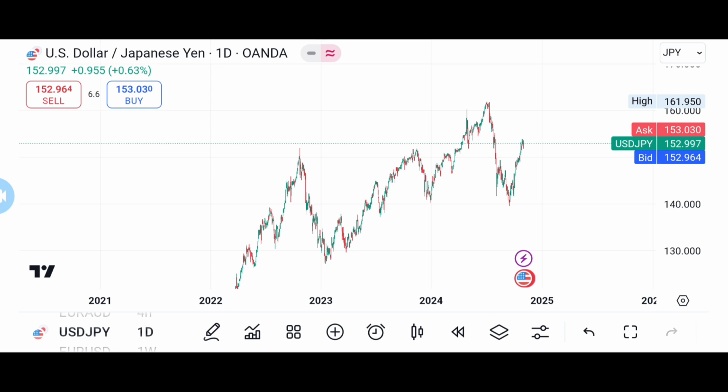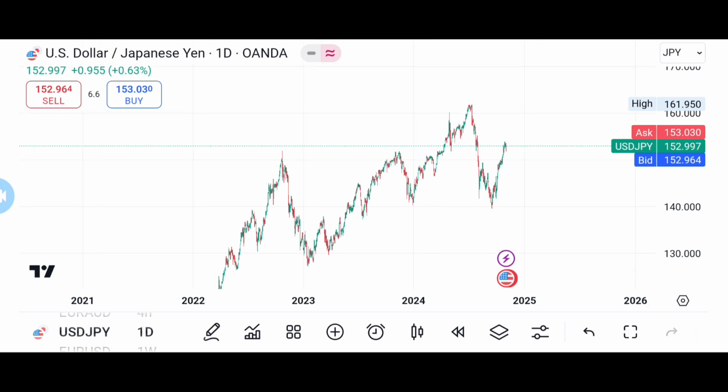I showed you how bullish market structure looks like, how bearish market structure looks like, and even the range of consolidation market structure. We went ahead to talk about the fractal of market structure, and yesterday we did the setup that I look for when I'm in my micro time frame.